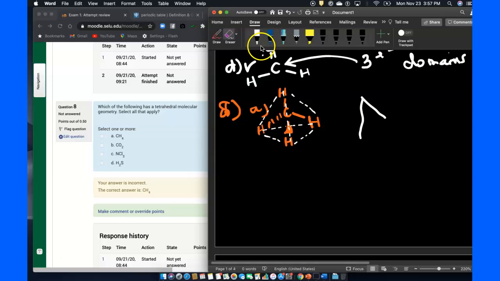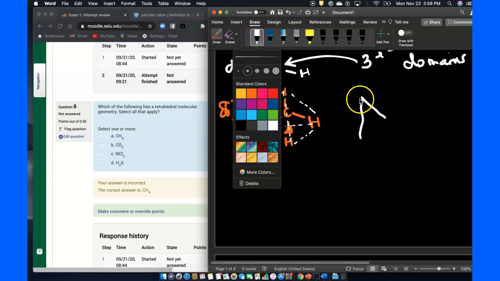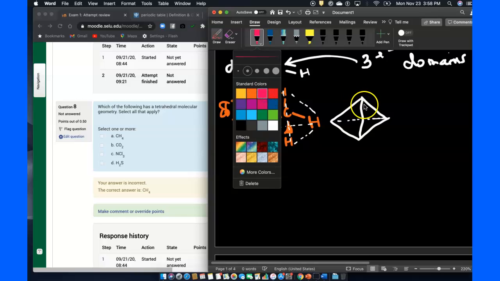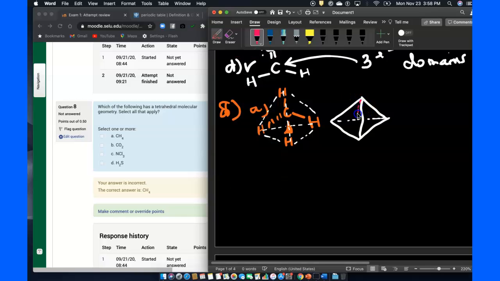We have to connect even the one in the middle for it to look like a Tetra Pak. These are the outsides, and there's a bond right in the back. And in between you do have a carbon, so you connect all those atoms. So that's a Tetra Pak, and the answer is A. This is tetrahedral.